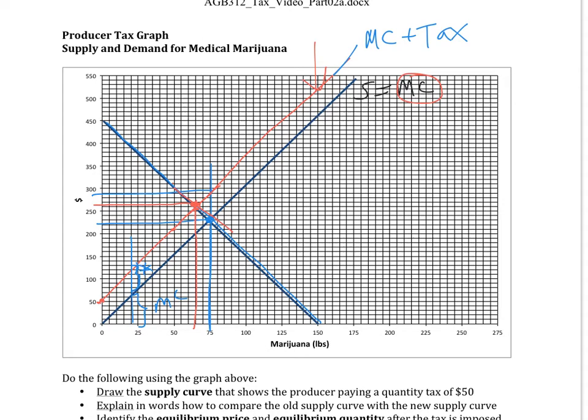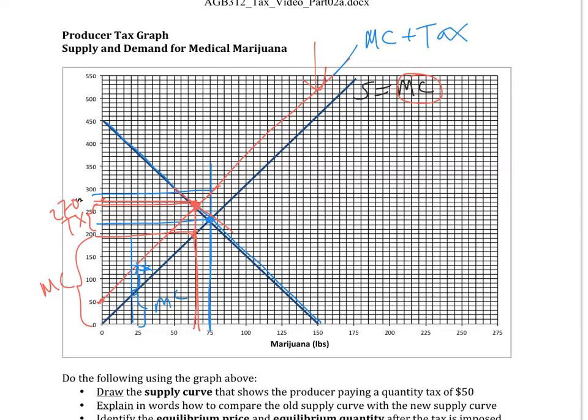So this is the equilibrium price that consumers are paying. Let's just say it's 270. But out of that 270, a certain portion is the tax, and then the rest covers the marginal cost of production for that particular level of output.